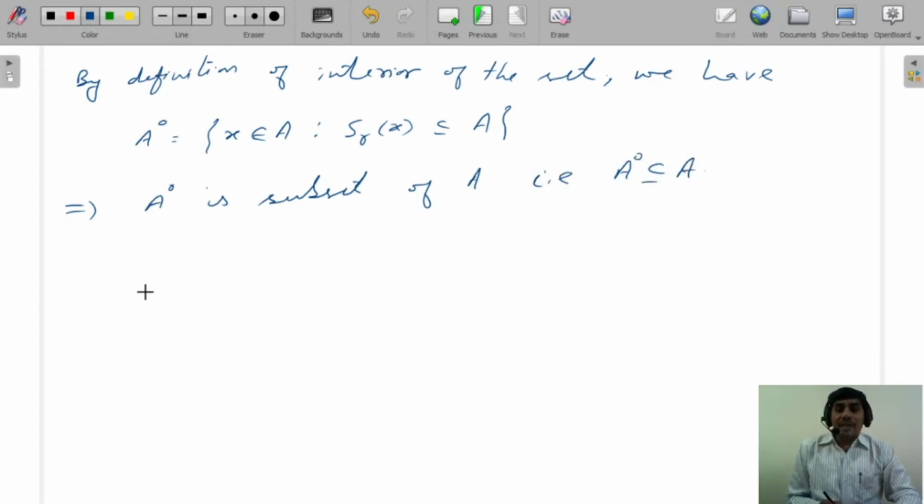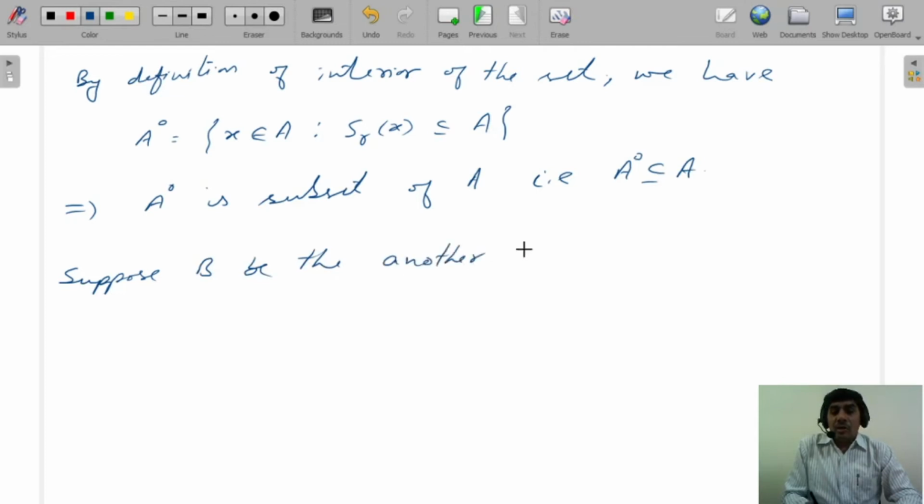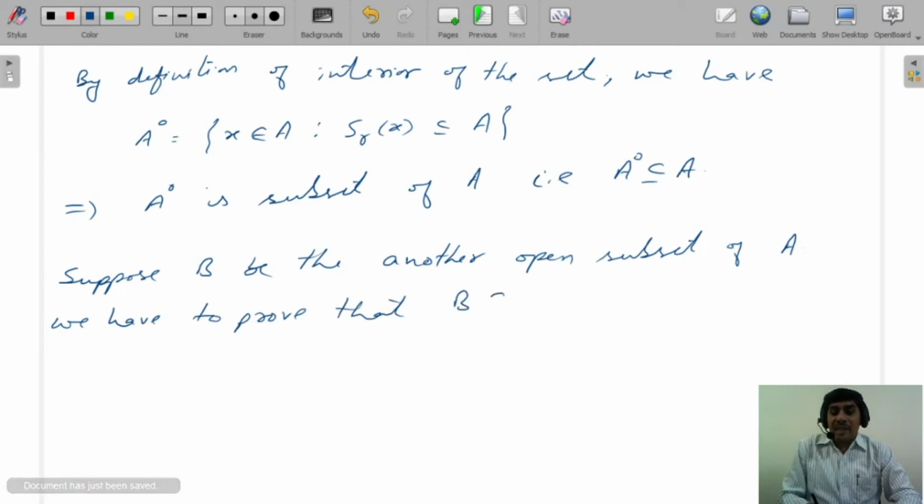Now we have to prove that A interior is the largest open subset of A. Suppose B is another open subset of A. We have to prove that B is contained in A interior.